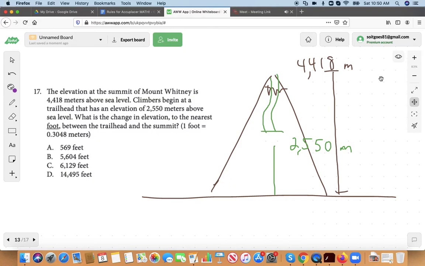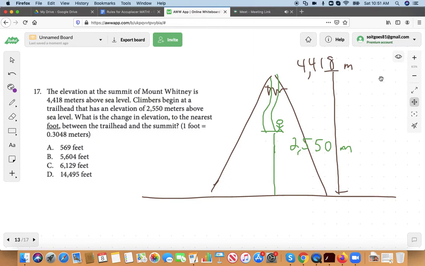Okay. Because if the elevation was like 5,100 meters, then that would be halfway. But the elevation is less than that, so 2,550 is a little bit more than halfway. Any questions at the moment? No. Okay, I'm going to draw a little guy climbing too, just for fun. Great. Okay, that's where we start.